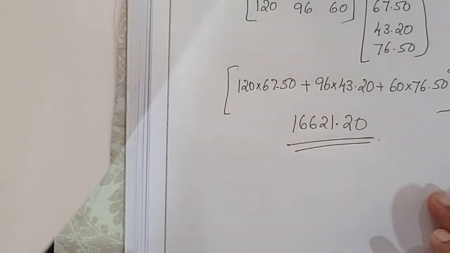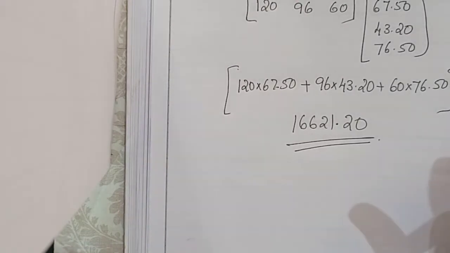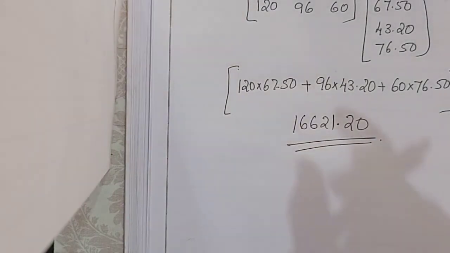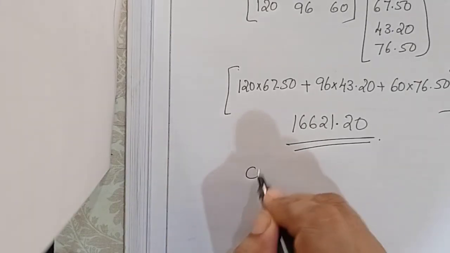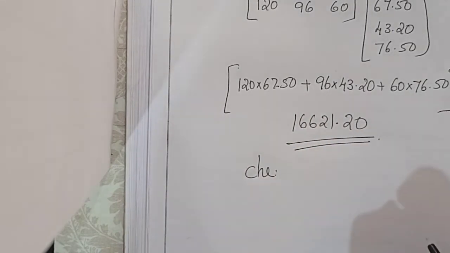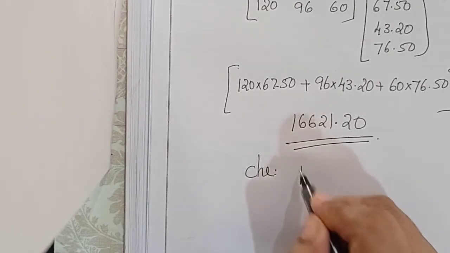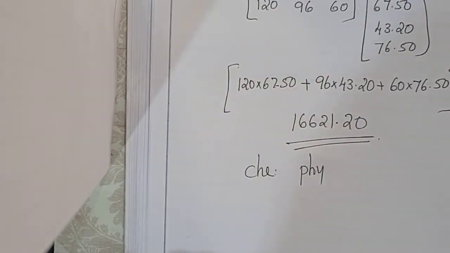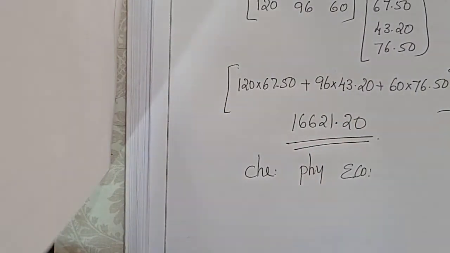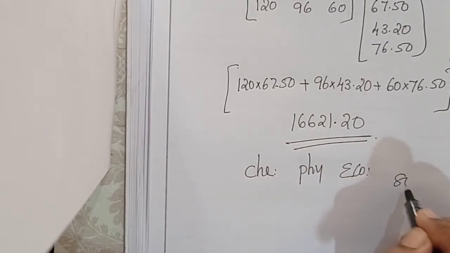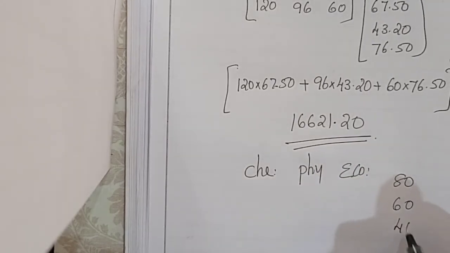I will explain one more problem of the same type. The bookshop of a particular school has 10 dozen chemistry books, 8 dozen physics books, and 10 dozen economics books. And their selling prices are rupees 80, rupees 60, rupees 40 each.